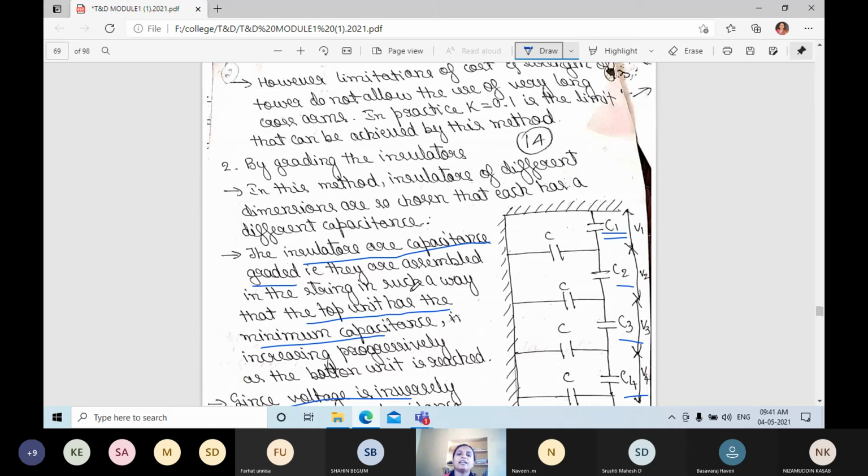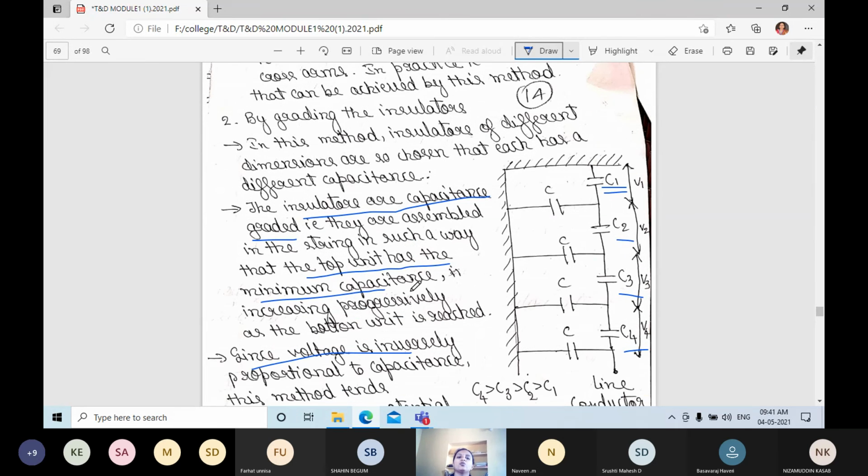So, this is grading the insulator by using different capacitance values, where each has a different capacitance.